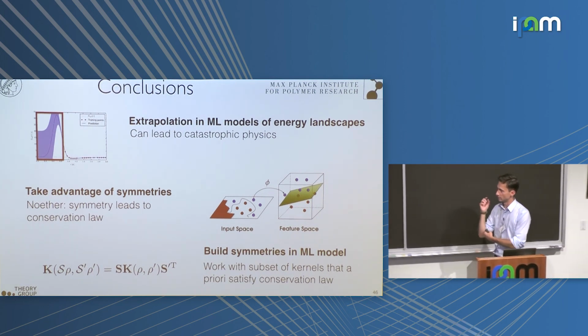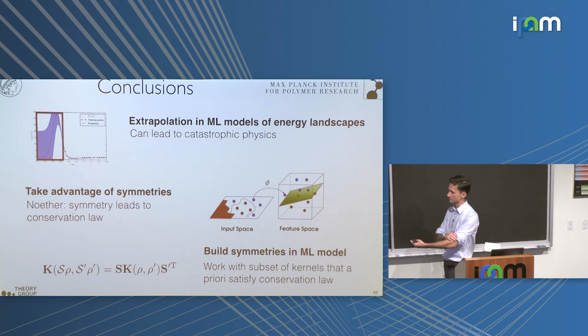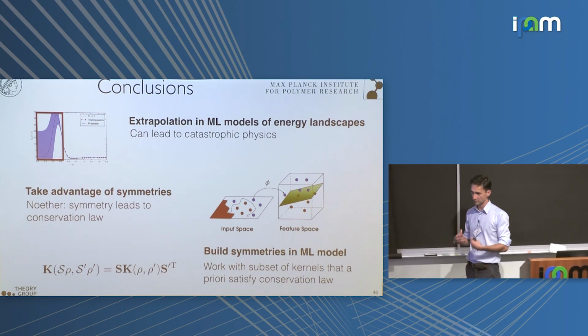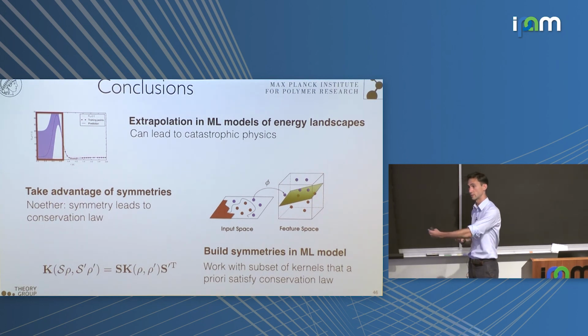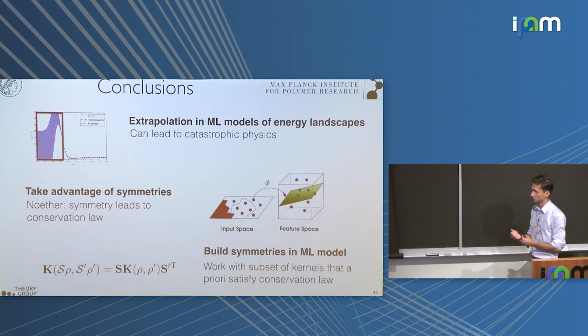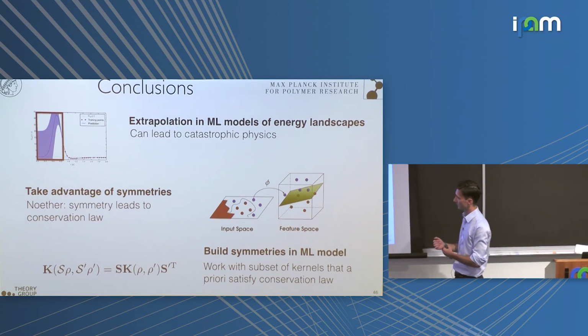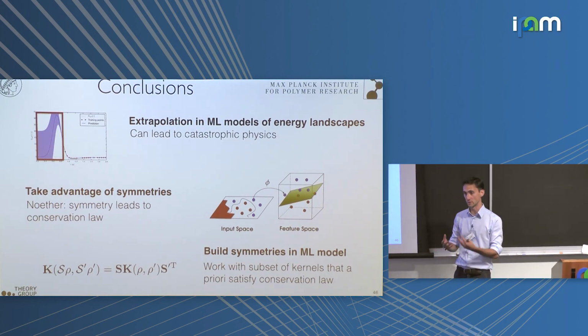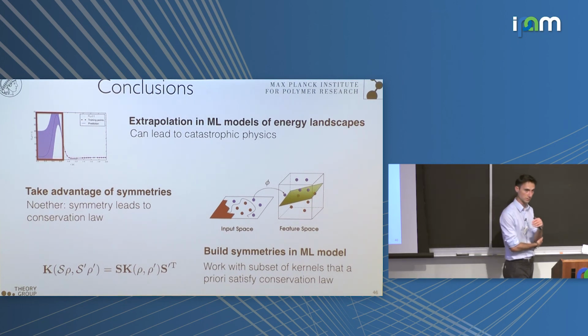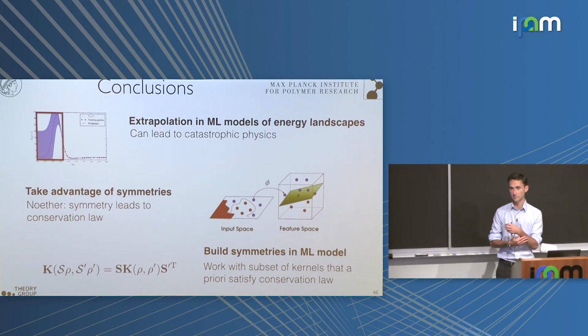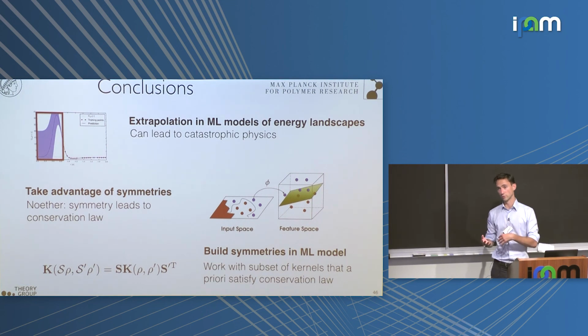A lot of the advances in the field have had to do with building in symmetries to alleviate this risk of going into regions where you haven't sampled yet, and you're extrapolating your model. That calls for using all the symmetries that you know of and can take advantage of, working with a class of either kernels or neural networks that a priori encode these symmetries, so that you don't have to learn them, but they satisfy them a priori.